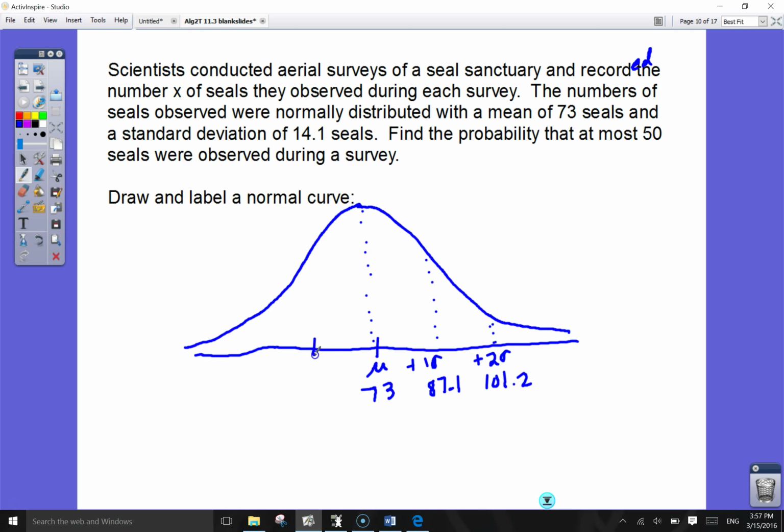If I go to the opposite side, subtract 73 minus 1 standard deviation, 14.1, that'd be 58.9. And if I go one more, that'll be minus 2 standard deviations, and that looks like it'll be 44.8.